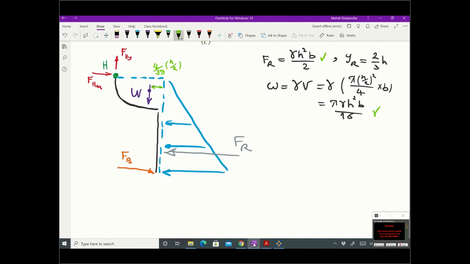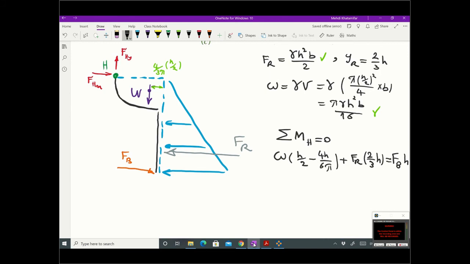Now summation of moment about H must be 0, so W times h/2 minus that distance, plus Fr times the distance, must be equal to Fb times distance.